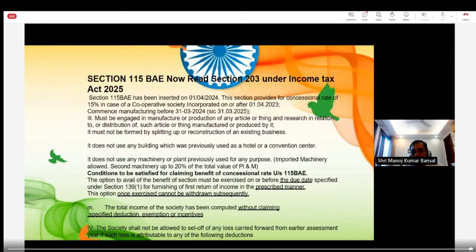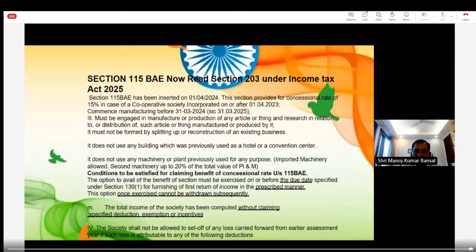It does not use any building previously used as a hotel or a convention center. It does not use any machinery or plant previously used for any purpose. Imported machinery is allowed. Second-hand machinery is allowed up to 20% of the total value of plant and machinery.